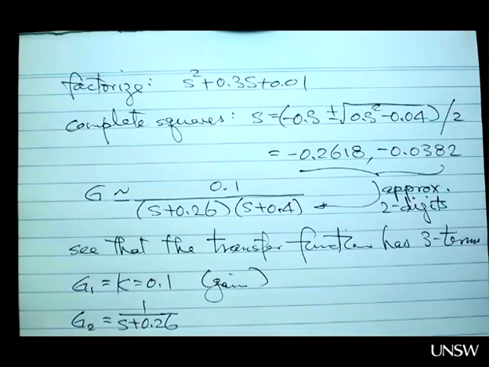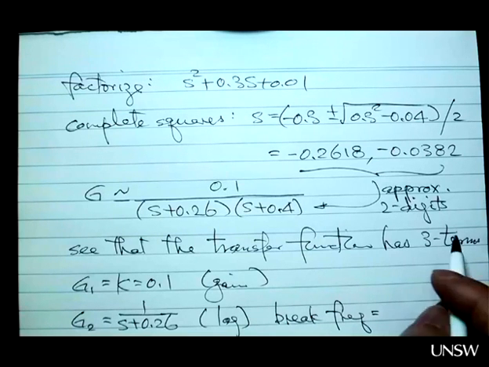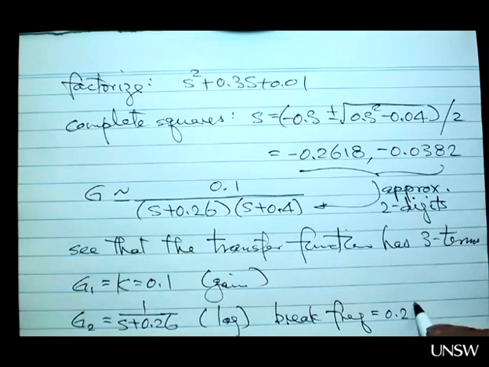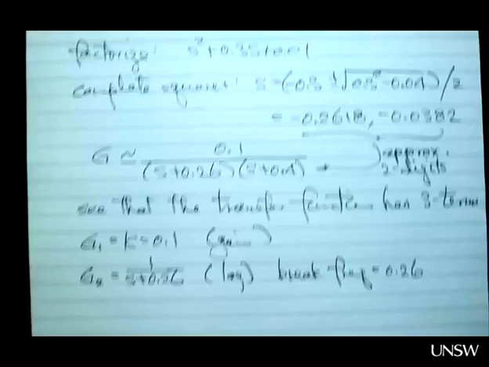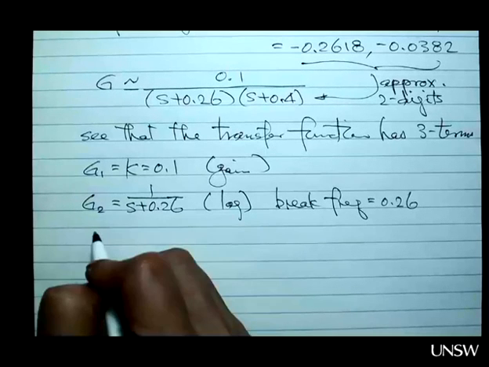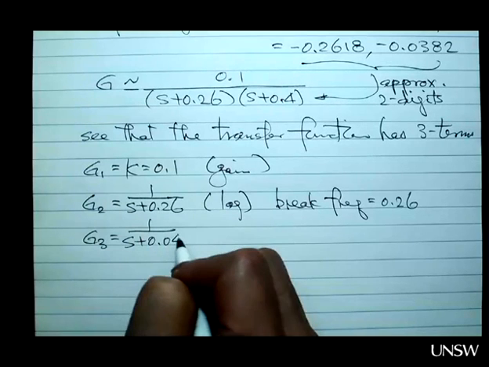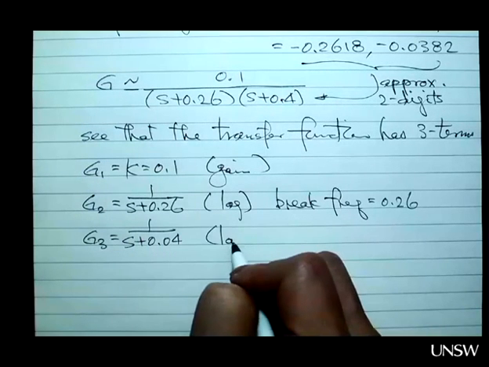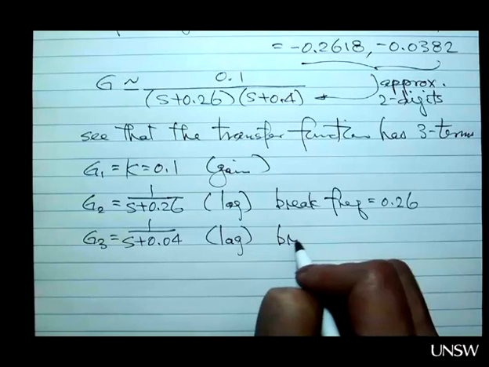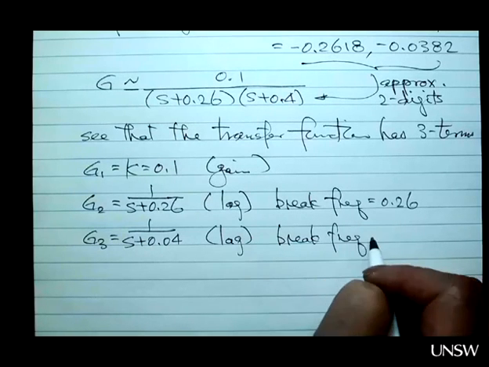So we have a phase lag term. Okay. And then the break frequency is 0.26. The third term is the s plus 0.04. It is also a lag term, and then the break frequency equals 0.04.